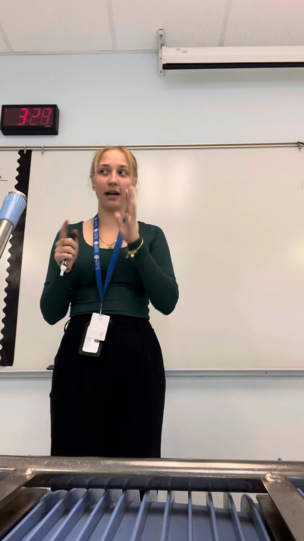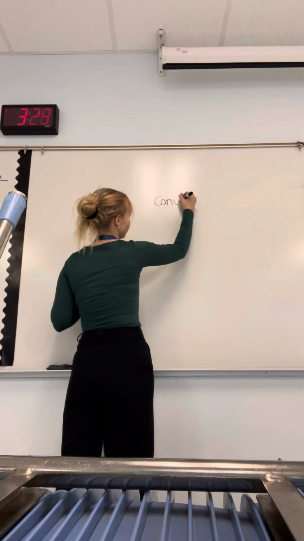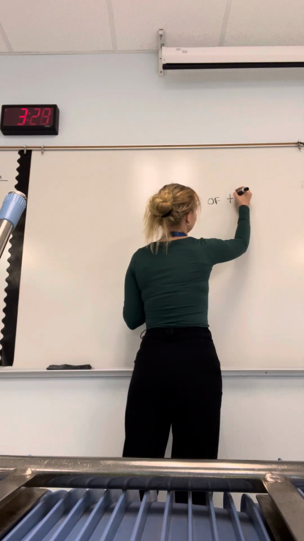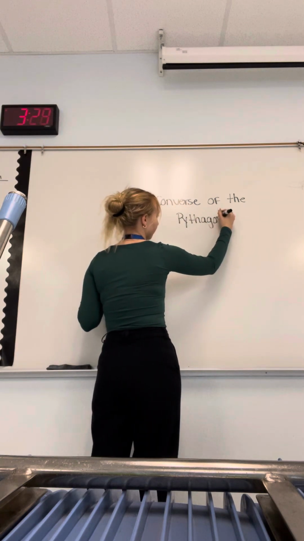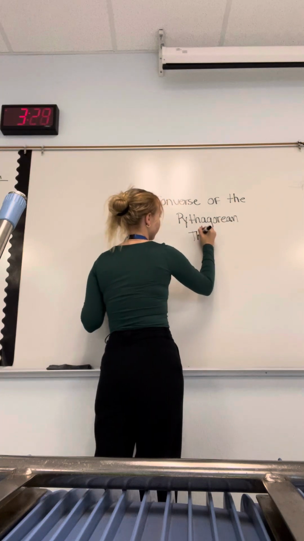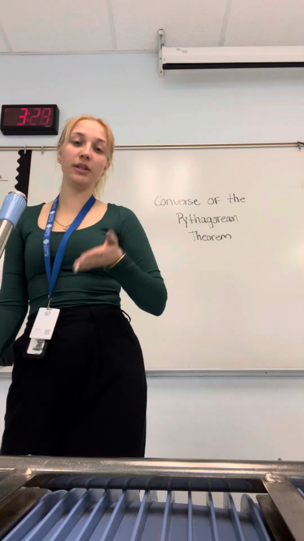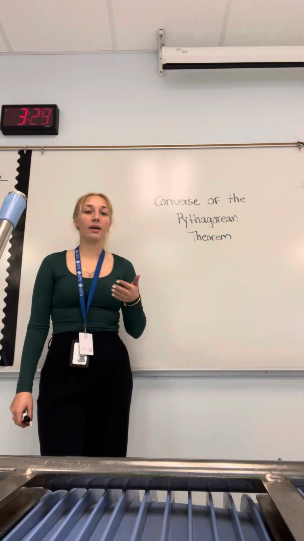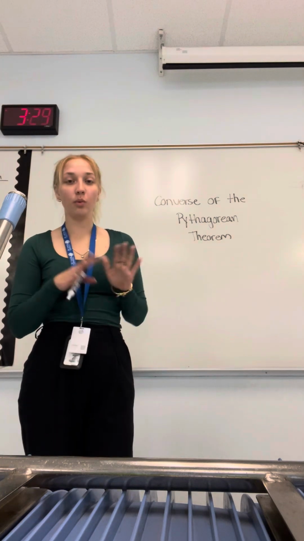when I'm teaching the converse of the Pythagorean theorem, this is kind of how I delivered the lesson. So when we're talking about the converse of the Pythagorean theorem, what we are looking at is given side lengths, and we're using those given side lengths and plugging them into the Pythagorean theorem to determine if a triangle is a right triangle or not, because we have to remember that Pythagorean theorem only works on right triangles.